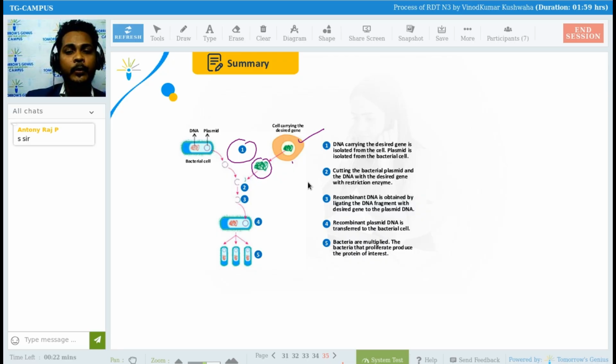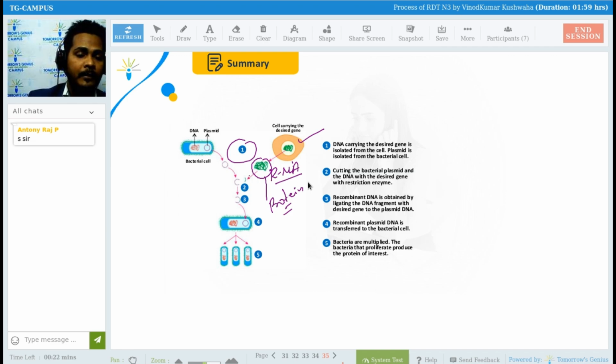For that purpose, we use different enzymes. Suppose RNA is there along with the DNA: to remove the RNA we use RNase. To remove the protein we use protease enzymes, right? Your desired product is only DNA, so you select that DNA.